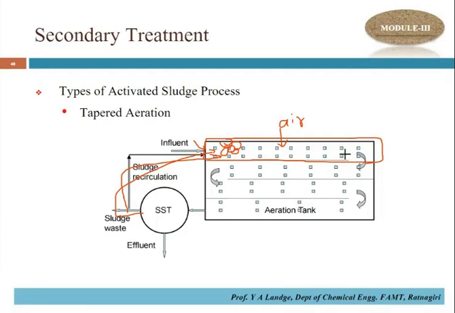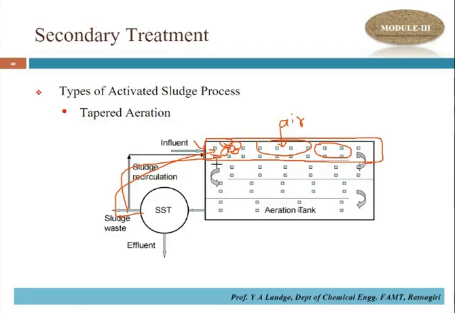So this is the tank where only the adsorption process is carried out. That requires about 30 to 40 minutes for the adsorptive phase, and after that it is sent to the aeration tank.